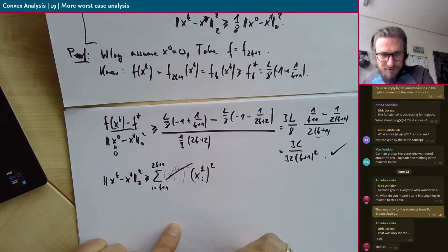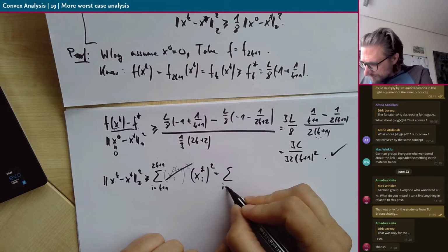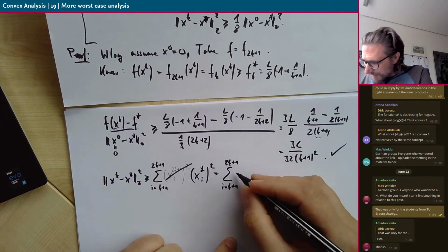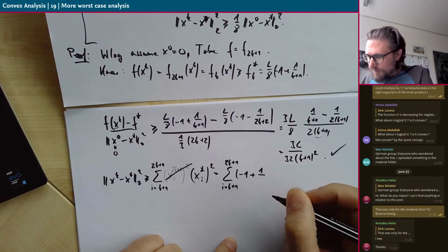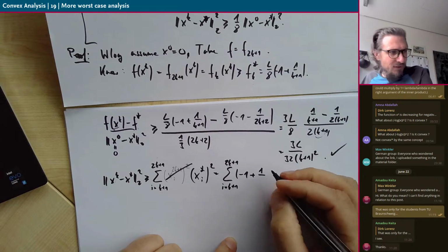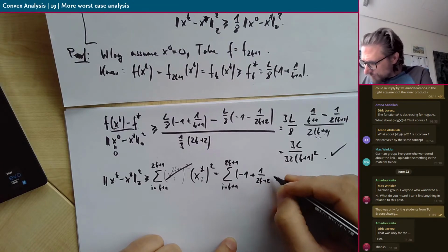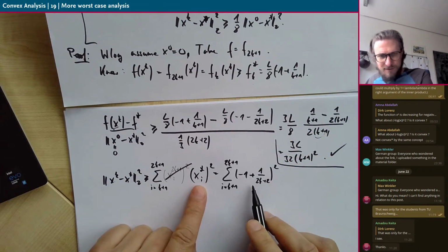So only the entries of this. Okay, we know them. This is the sum from k plus 1 to 2k plus 1, and the entries are minus 1 plus i over 2k plus 1 plus 1, which is 2k plus 2, squared. So these are the entries of that.